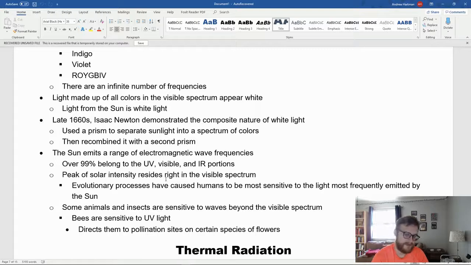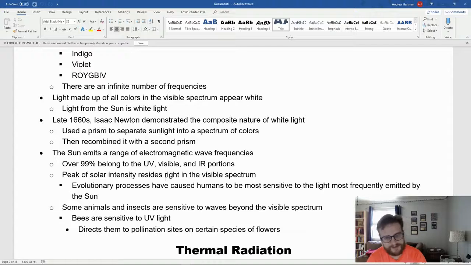So maybe if the sun's peak of solar intensity was in the UV, we'd be more able to see UV light. Some animals and insects are sensitive to UV and IR portions of the spectrum. Bees, for example, are sensitive to ultraviolet light because it directs them to pollination sites on certain flowers.